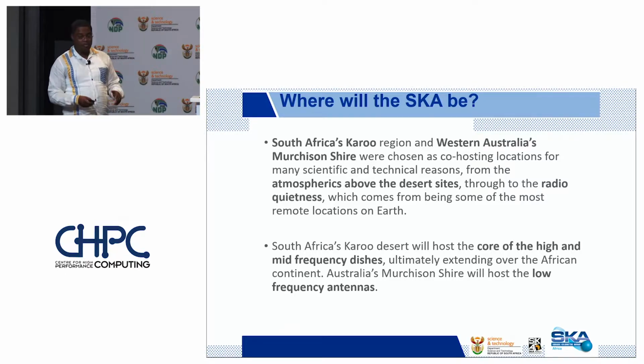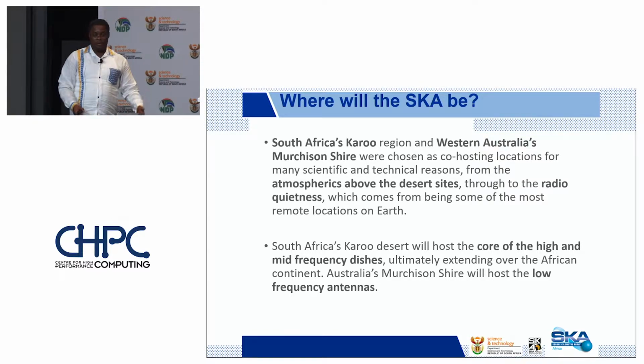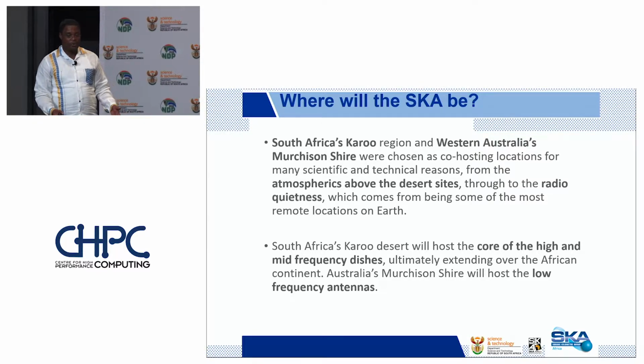The area is preserved under a national act as a key zone, with the view that this has actually become a natural resource. The same way we would protect our gold, our water, we protect this radio astronomy zone.